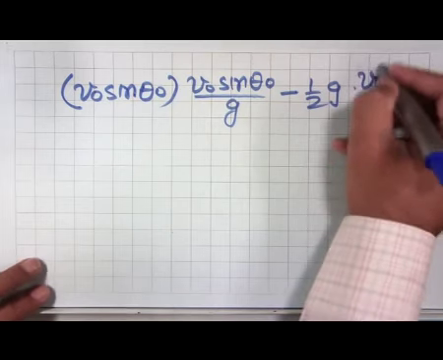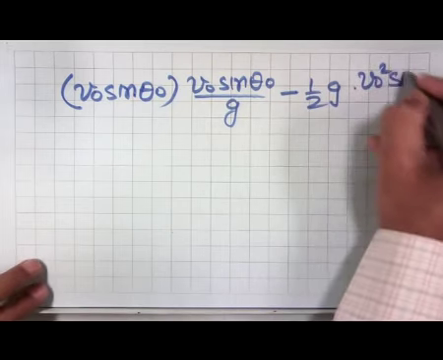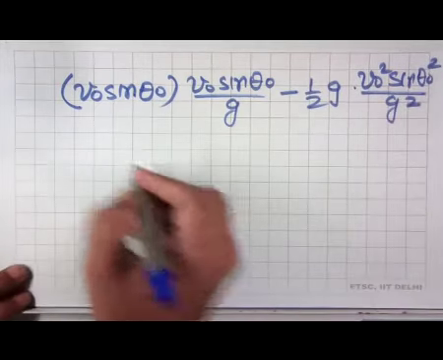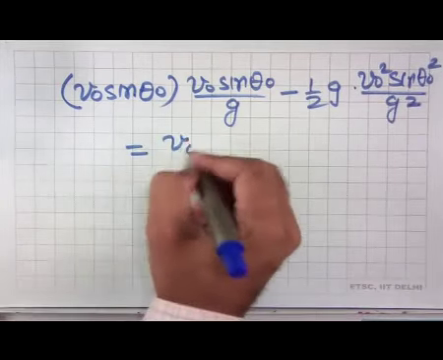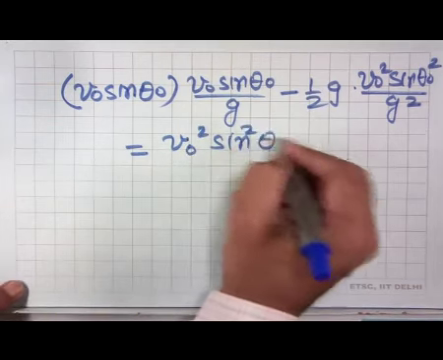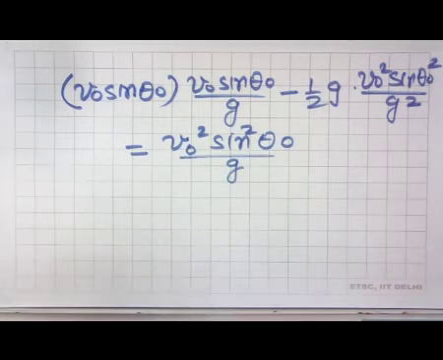Here t square is v 0 square sin square theta 0 upon g square, and so the maximum height which the projectile attains comes out to be equal to v 0 square sin square theta 0 upon 2 g.